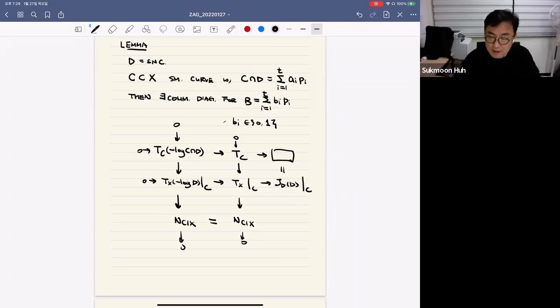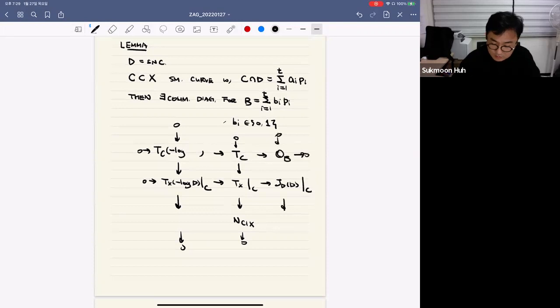But in general, if a_i for some i is at least 2, so that C does not intersect D transversely, then we can have the following commutative diagram. So here we have O_B, and here we have O_B prime. So O_B prime is the residue. Let me rewrite this.